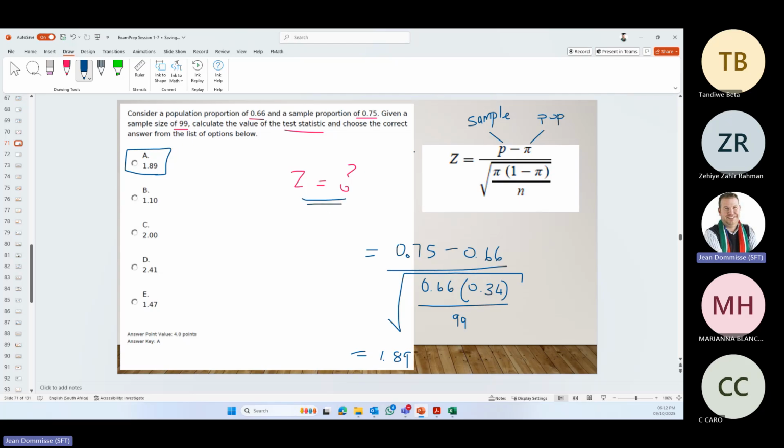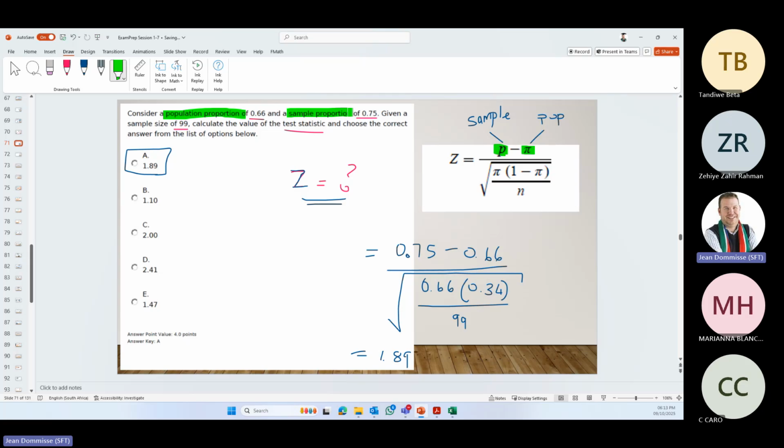Okay, interesting. We don't see a lot of questions where you only need to work out the Z. That's why I included it, because they gave you these things in words, and it might sometimes catch you out.